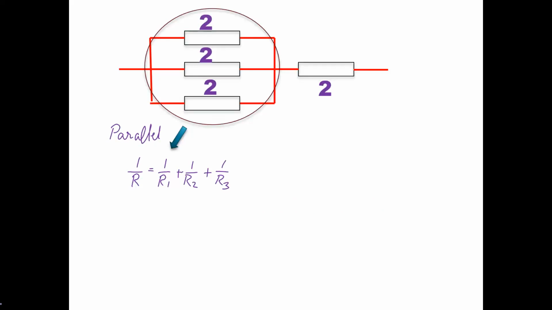These are three resistors. I'm showing the formula 1 upon R is equal to 1 upon R1 plus 1 upon R2 plus 1 upon R3. What is the answer for the parallel combination? First, share the answer for the parallel combination.